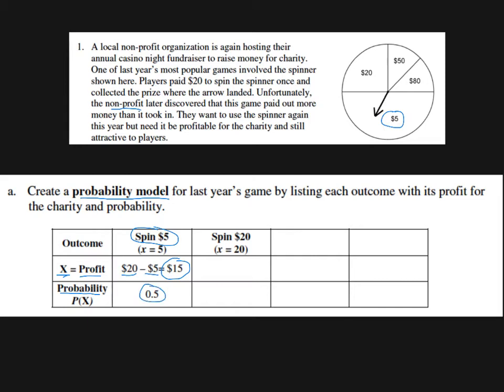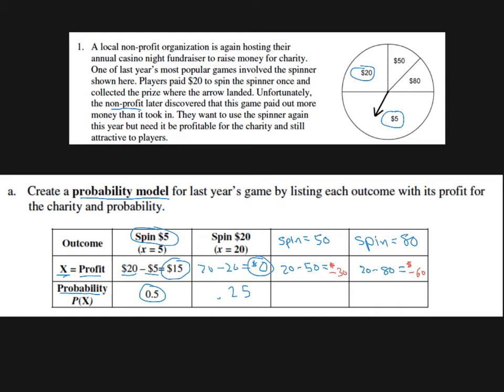Now, what if the spin lands on 20? Well, it looks like 20 occupies about 25% of the value. So 20 minus 20 is going to be equal to $0. So that's the profit, and the likelihood of that $0 is going to be 0.25.